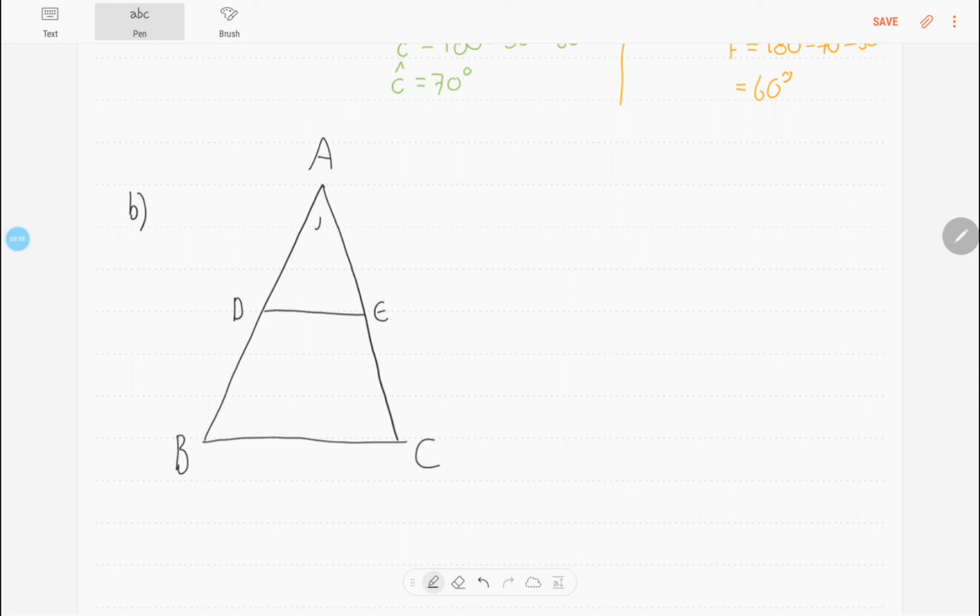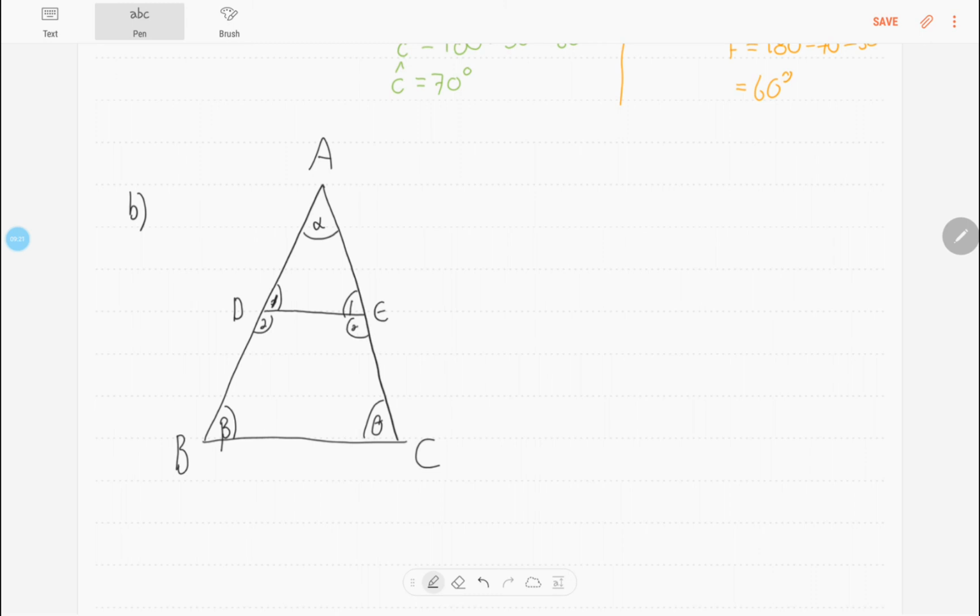So let's call this angle alpha, this angle beta, and this angle theta. Actually, let's just do that. Getting ahead of myself here. So we're going to call that D1 and that E1, and this is E2 if we need it.